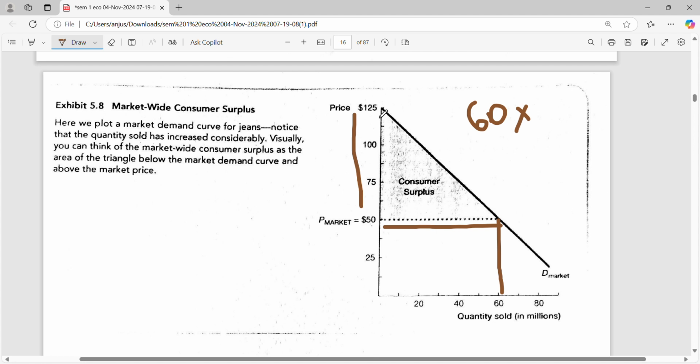Let's say that is 125 minus 50, that gives you 75. So 75 by 2 gives you 2.25 billion.